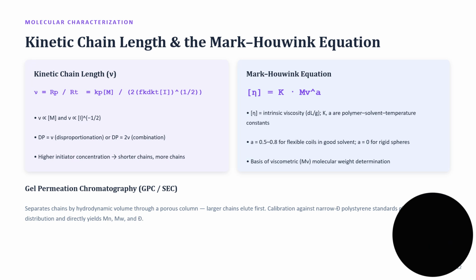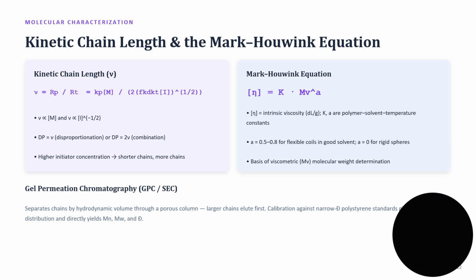The exponent typically falls between 0.5 and 0.8 for flexible coil chains in a good solvent, and approaches 0 for rigid, compact, spherical particles.